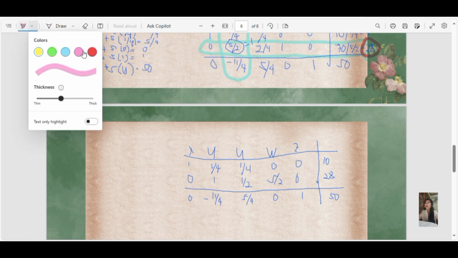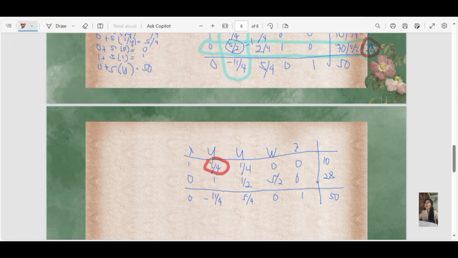Next process. To make the 1/4 equal to 0, and the negative 11 over 4 equal to 0, we use row 1. For the positive 1/4, we use the minus sign with row 2, and also here row 3 to make that equal to 0.